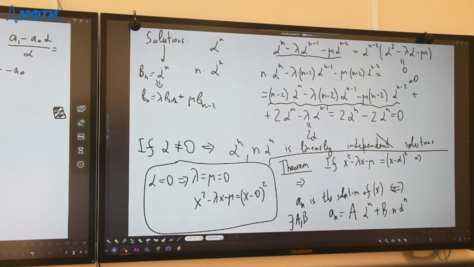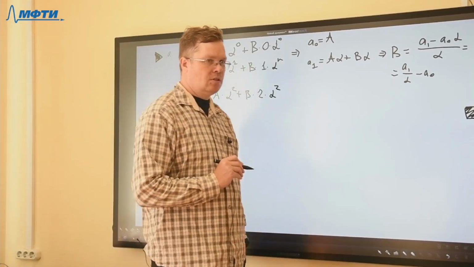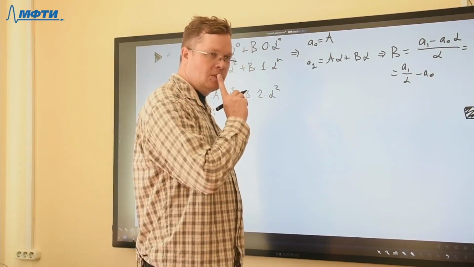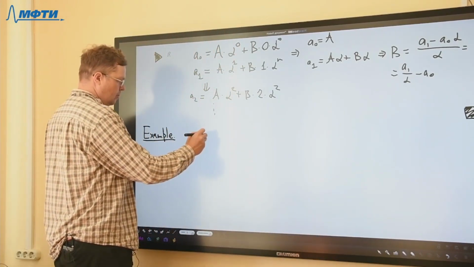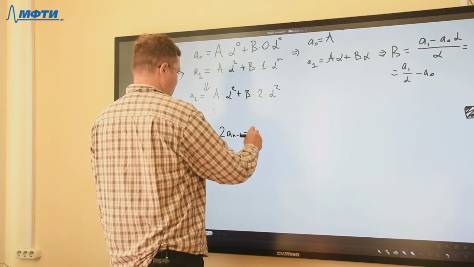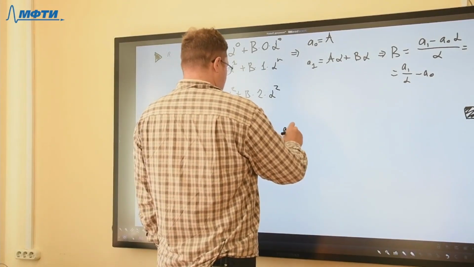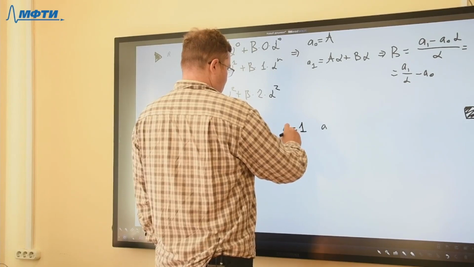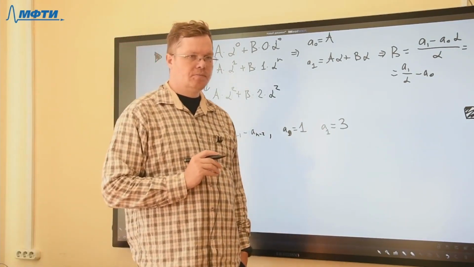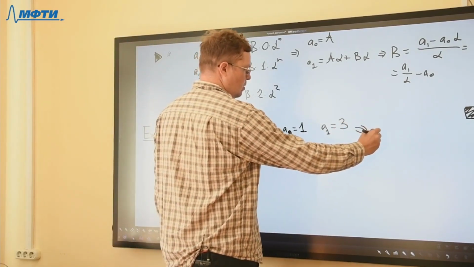Okay, so for example, we have an equal to, for example, an minus 1 minus an minus 2, and here, for example, a0 equal to 1 and a1 equal to 3, and I want to find the formula for an.